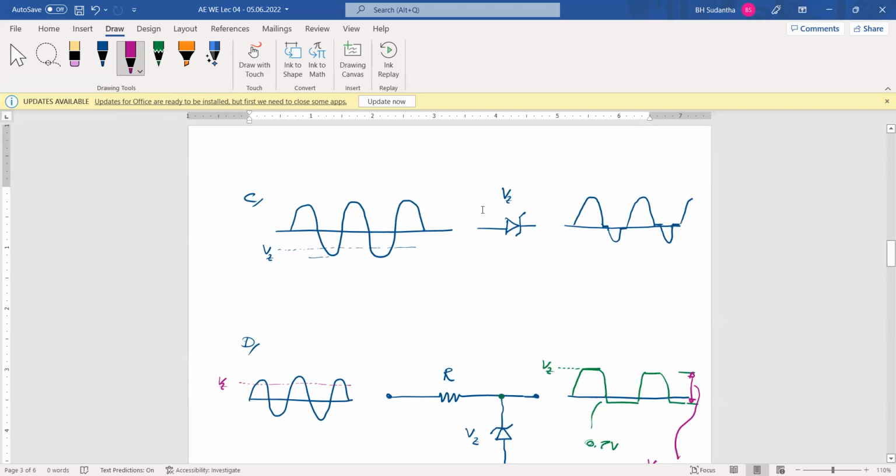Here I drew this one, but we have to put a diode in the circuit, then only can we do it exactly.